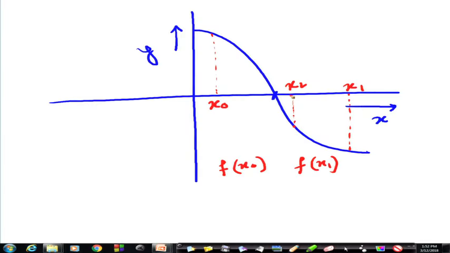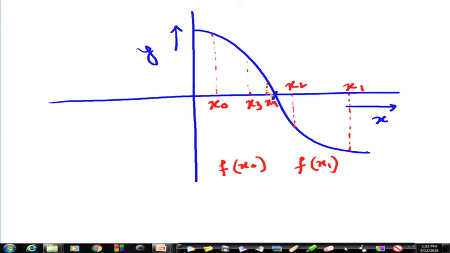So, the root is between x2 and x0. I again find the midpoint of x2 and x0. Suppose this is x3, and f(x3) and f(x2) are of opposite signs. Therefore, I will find the midpoint of these two. Suppose the midpoint of these two is x4 here.